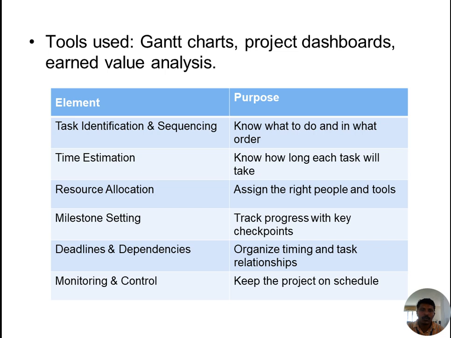Time estimation: know how long each task will take. Resource allocation: assign the right people and tools. Milestone settings: track progress with key checkpoints. Deadlines and dependencies: organize timing and task relationships. Monitoring and control: keep the project on schedule.